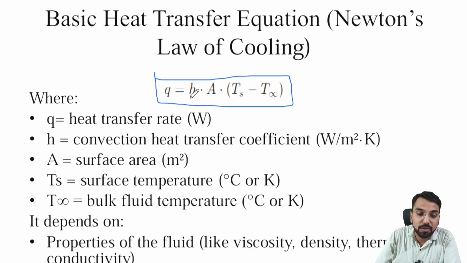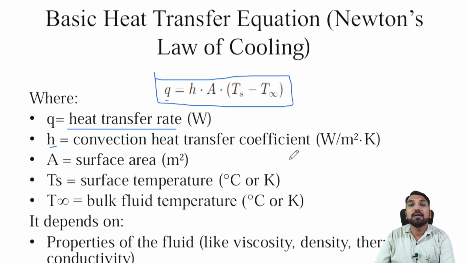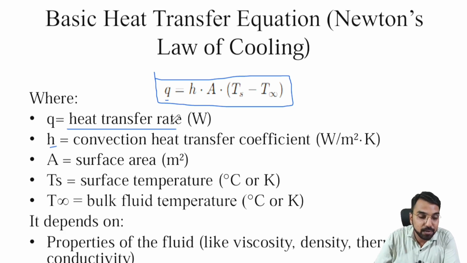Q is equal to h into A into (Ts minus T infinity), where Q is the heat transfer rate and h is the convective heat transfer coefficient. Its units are watt per meter square Kelvin. A, denoted as As in some books, is the surface area of the plate in contact with the fluid.